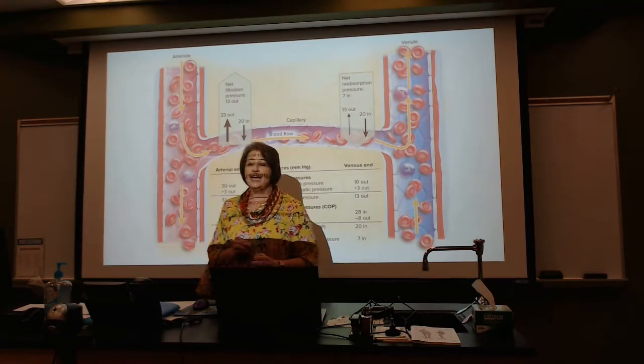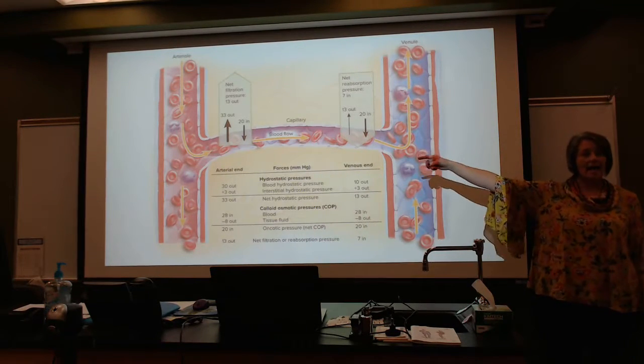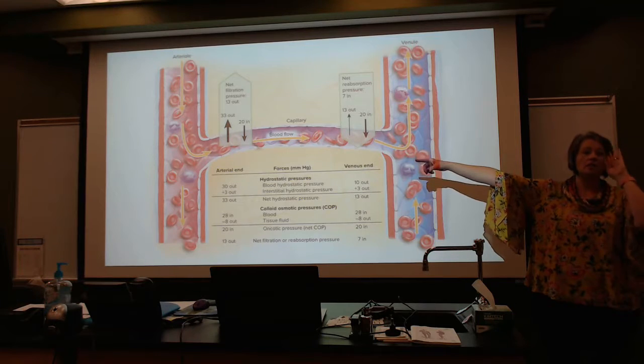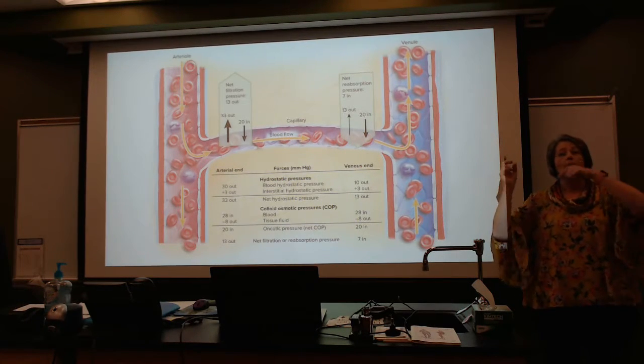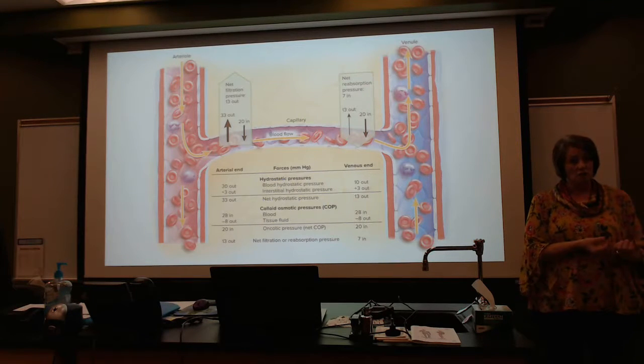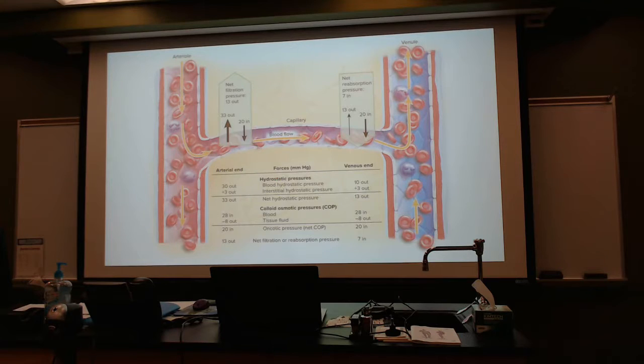And because we have these pressures, as well as the fact that on the arterial end we still have our blood pressure, because remember, if we think about that 120/80, by the time we get to the capillary end, that pressure is now down to about 30, all right, at that arterial end in the capillary bed.